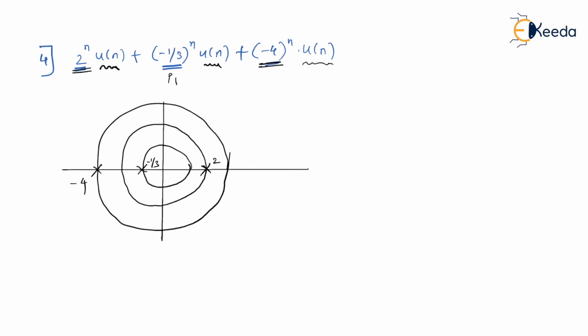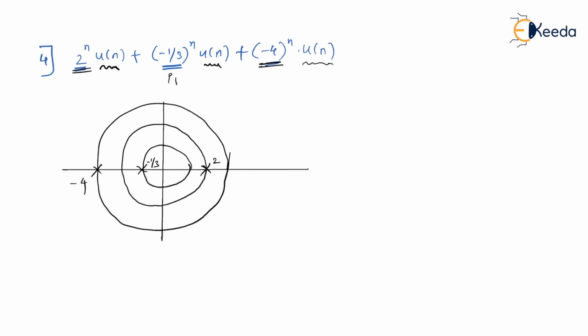So this is a combination of causal signals together. A linear combination of causal signals gives you a causal signal only. And ultimately, since the final signal is causal, of course its ROC will be outward in nature. And when there are multiple poles, that is multiple circles, you have to always select the outermost circle.